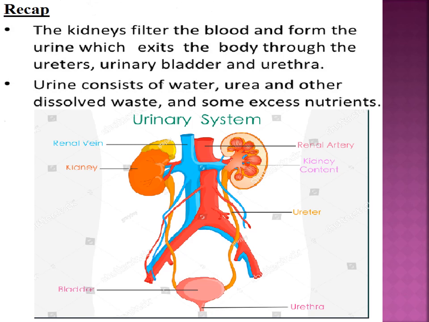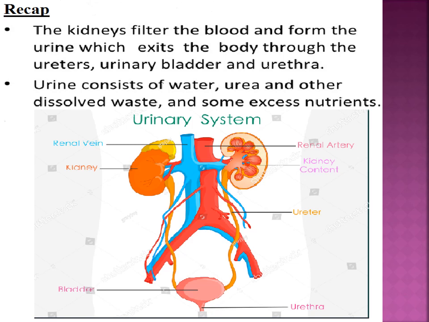The second thing was the reflex action, in which we covered how a reflex action occurs, how messages go to the spinal cord, and then the response comes. The third thing was the excretory system. In the excretory system, we have done only the kidneys and related parts. The basic structural unit of that is the nephron, which will be learned in the next lesson.